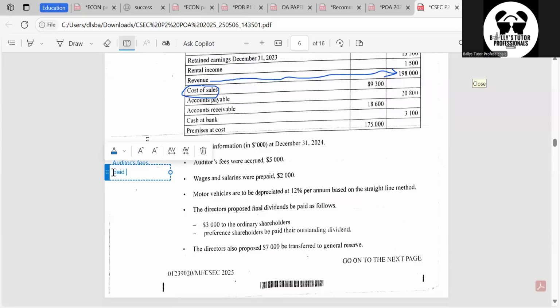So the amount we were supposed to pay would be the 3,600 plus the 5,000, which is 8,600. So that is how much we're going to be recording for auditors' fees, the amount that is meant for the period. So that'll be our first working.